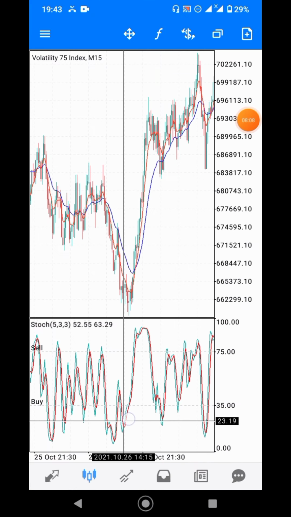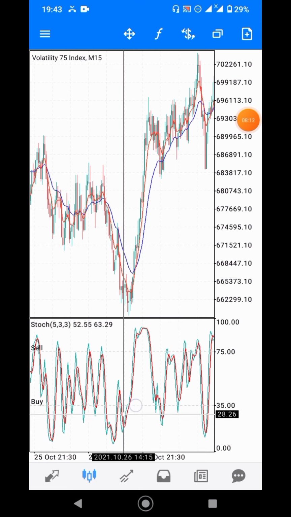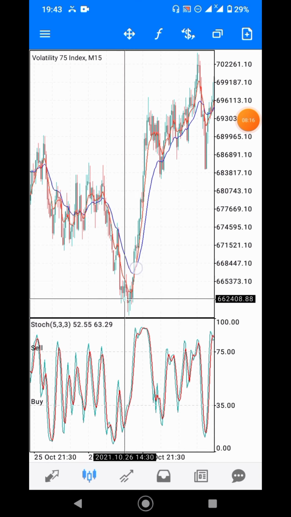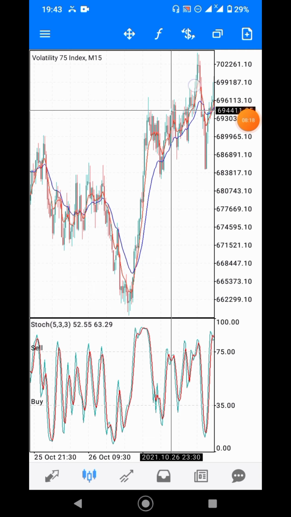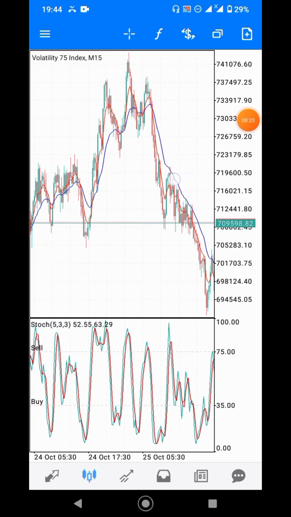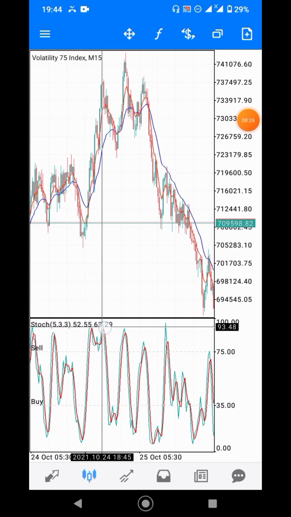So there was a crossing in the stochastic oscillator, then we confirm in our main chart when the cross occurs, then we can take our buy. And you can see the long buy.